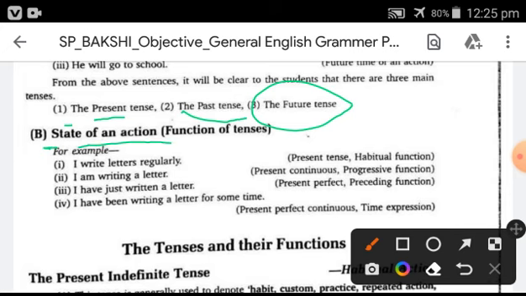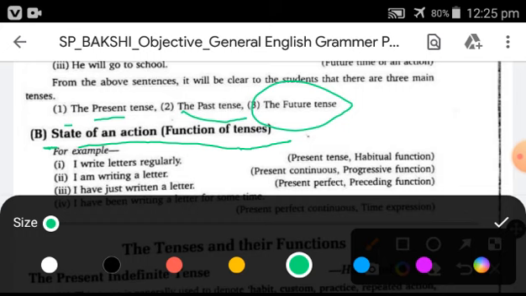State of an action. How can tenses show the state of an action? State of an action refers to how the work is done by anyone. Let me change my color of pen.